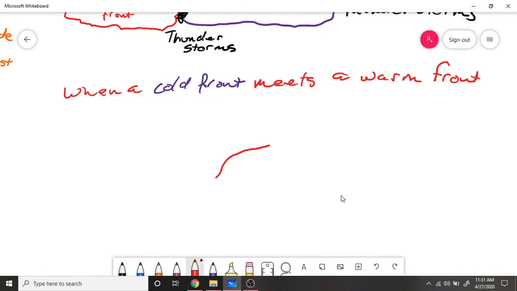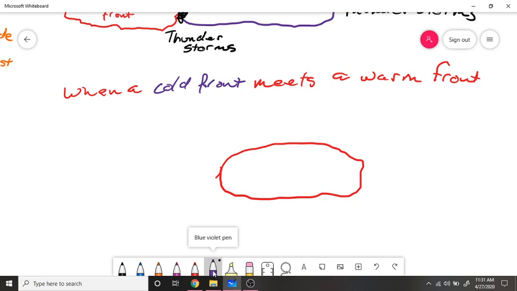Our warm front is less dense air. And it has been sitting here for a couple of days. It's been warm and sunny. And a more dense cold front moves in. And it displaces that warm air slowly.